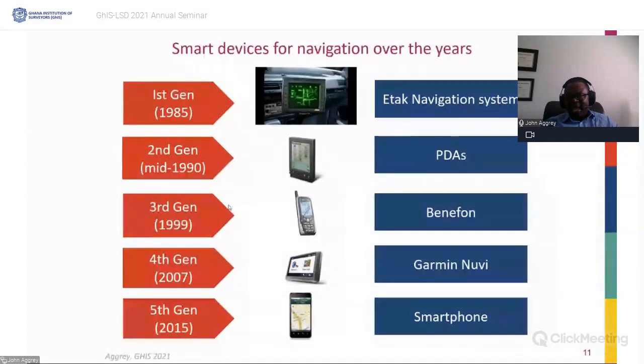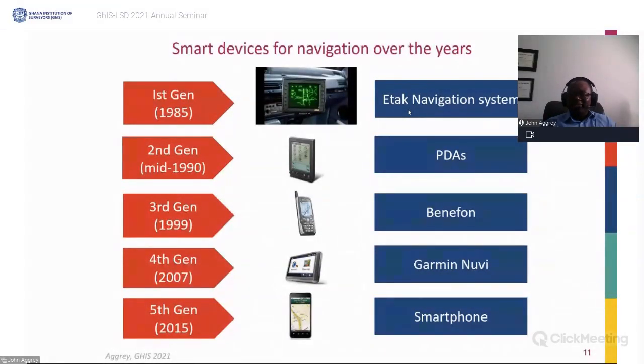Like I was saying, the first generation of smart devices was in 1985. The first navigation system we had in cars was called the ETAC navigation system. This was the first in-car navigation system that we ever achieved. And I think, if I remember right, it came with Cadillac cars.